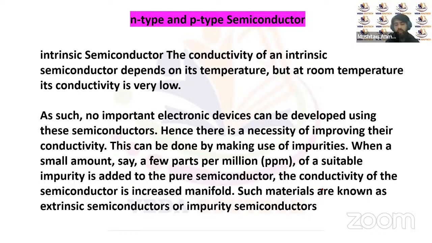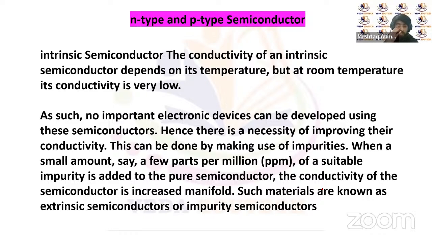And how is this doping done? The doping is actually done in small amounts, in ppm, parts per million. It means that one dopant is added for a million parts of the pure semiconductor. So it's about 1 ppm, or at most about 2 ppm.